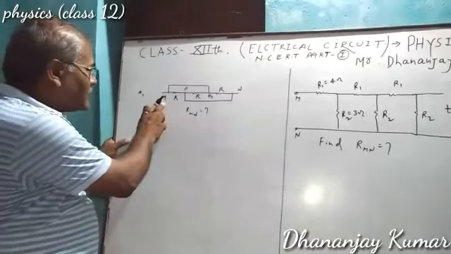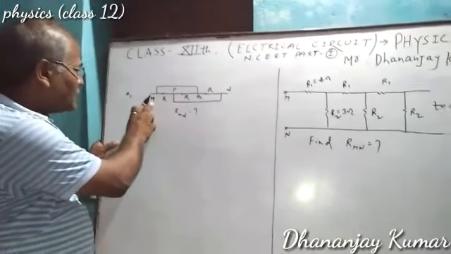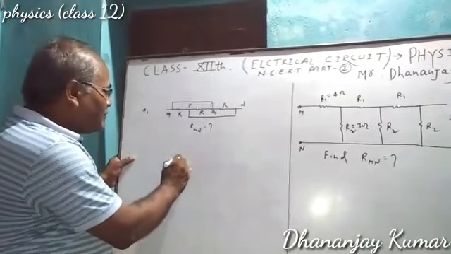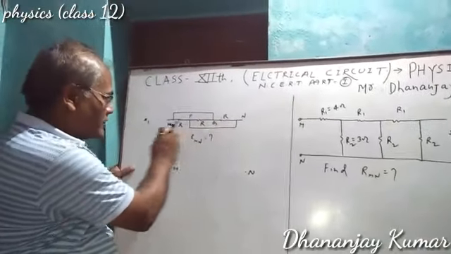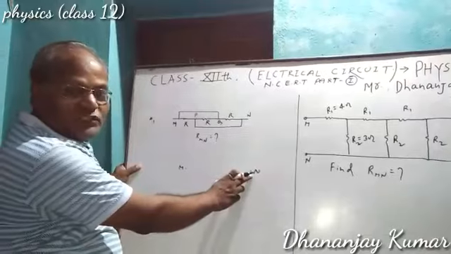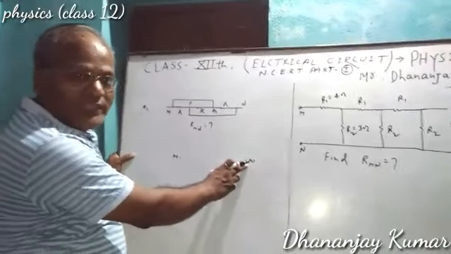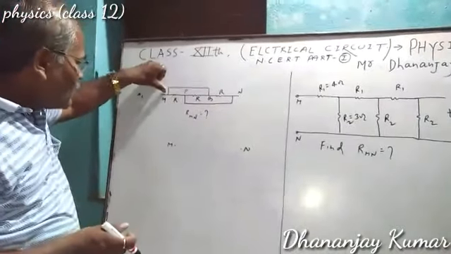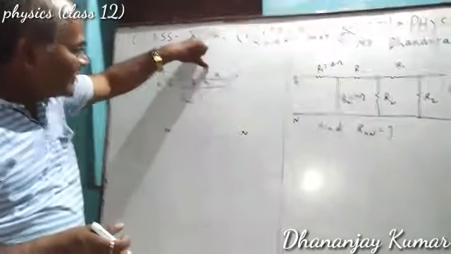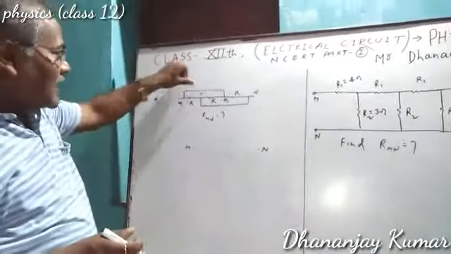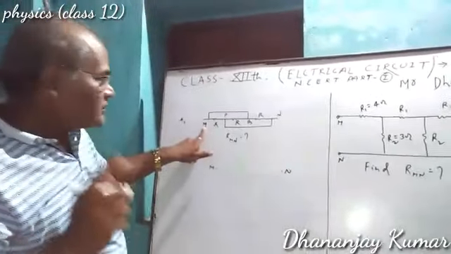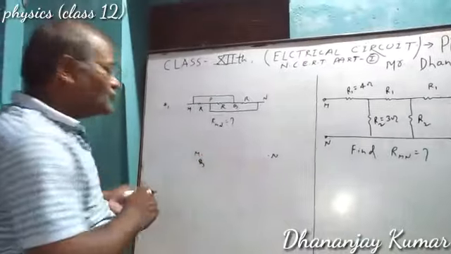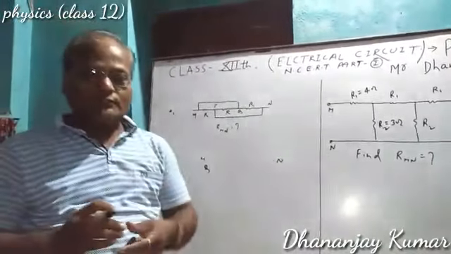And you see here, a very important step: you have to see M and N. Across these two terminals, we have to get the value of equivalent resistance. But this wire has no resistance and is connected between two points M and Q, and so M and Q will be the common point.